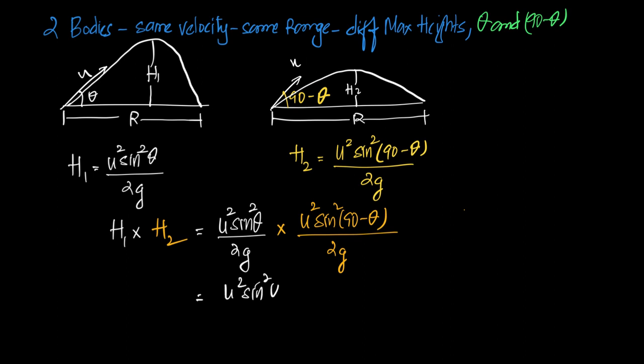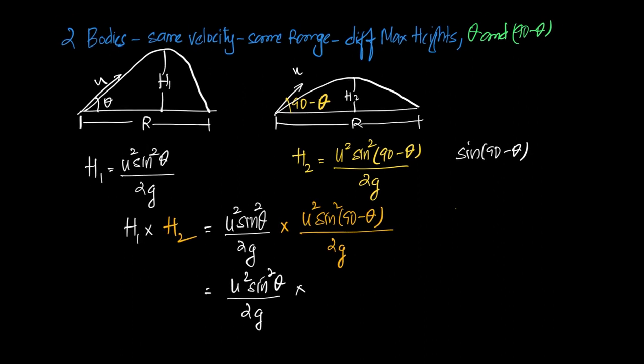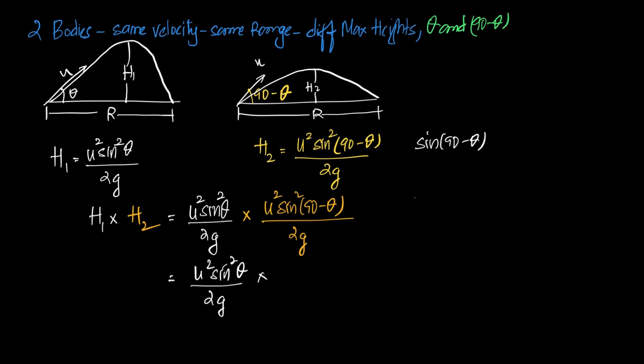So let us first write down the second term. We have u square sine square theta by 2g into, see, what is sine 90 minus theta? Now, I have a request: if you find learning these trigonometric identities difficult, while assigning the quadrants and angles and the signs of it, make sure you learn it this way. I think it should help you. So what is sine A minus B?